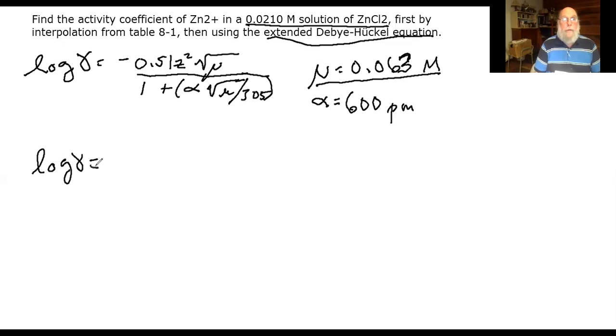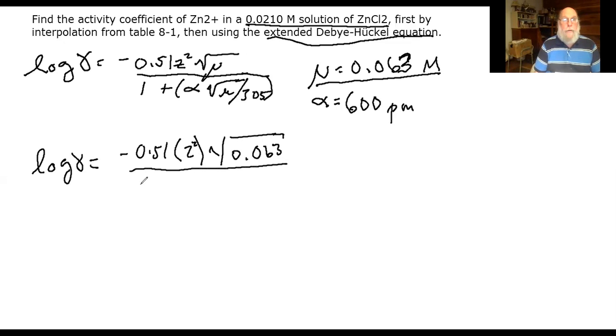So let's plug everything in. Log gamma is negative 0.51 times 2 squared times the square root of 0.063 molar, divided by 1 plus alpha, being 600, times the square root of 0.063 molar, divided by 305.